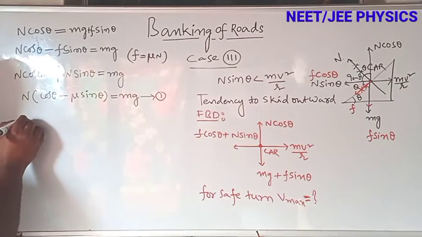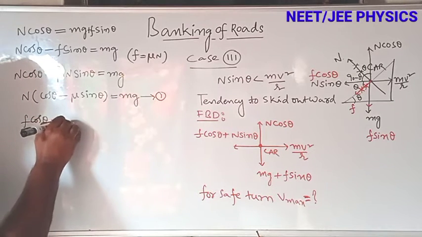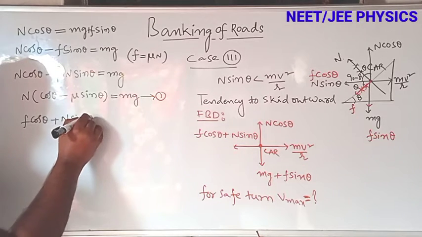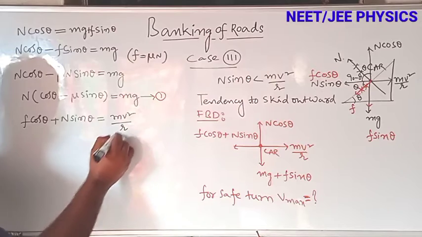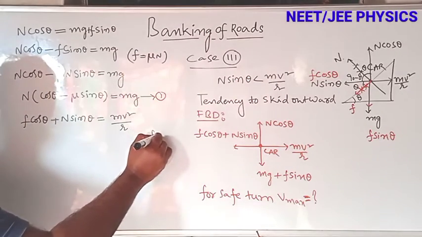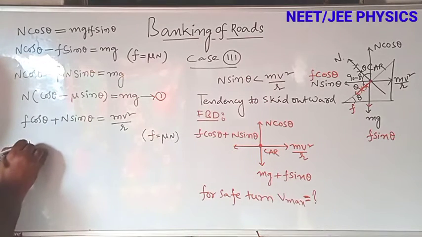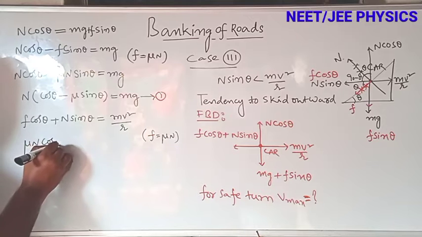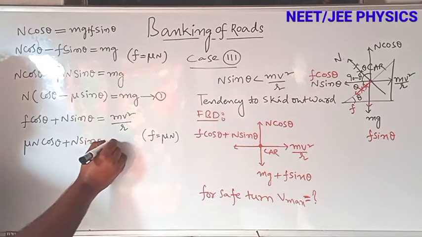And the horizontal forces are equated: F cos theta plus N sin theta equals mv square by r. F equals mu N, substituting this value, mu N cos theta plus N sin theta equals mv square by r.